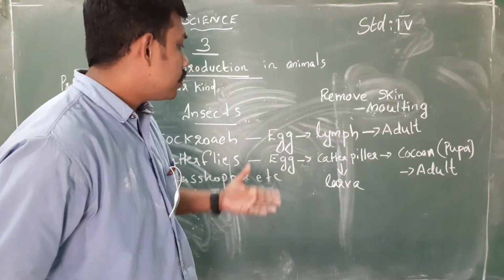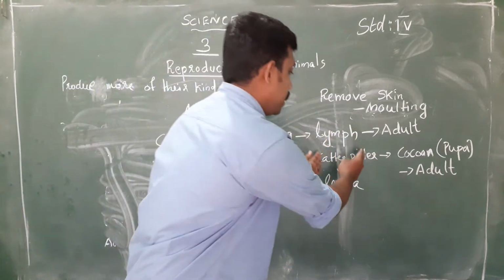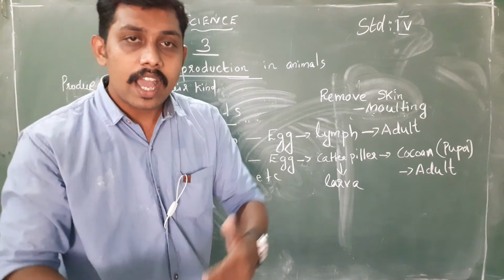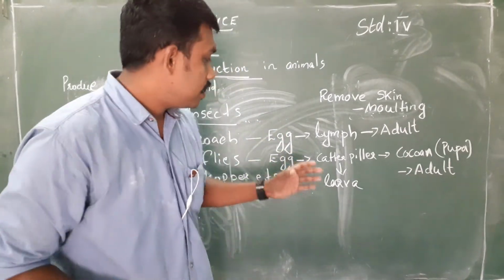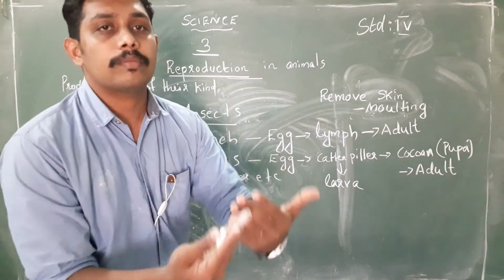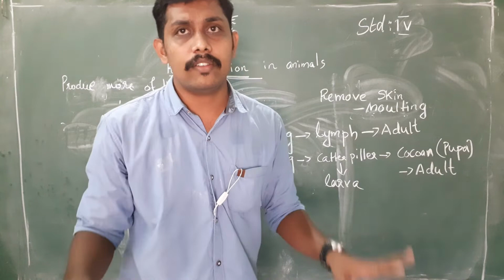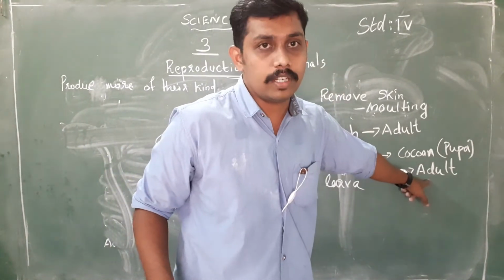As we discussed previously about the cockroach, what happens? Caterpillar or larva is the first living being to hatch out from the what? Egg. Okay, the living being that comes out from the egg is called larva. It is entirely different from the adult butterfly.